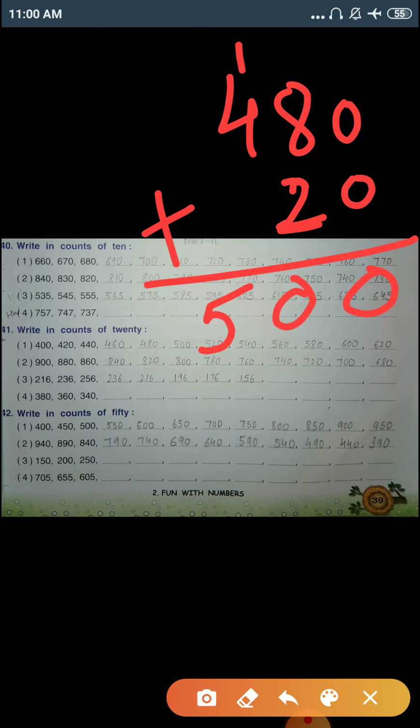So the next number is 500. Again for the next number, we are going to add 20. So 0 plus 0, 0. 0 plus 2, 2, and 5. So with the help of adding 20, we will get the next number.